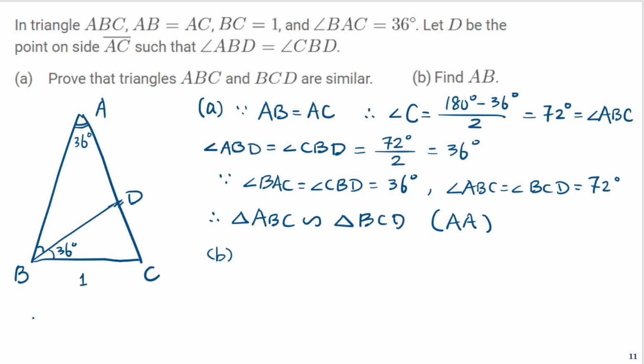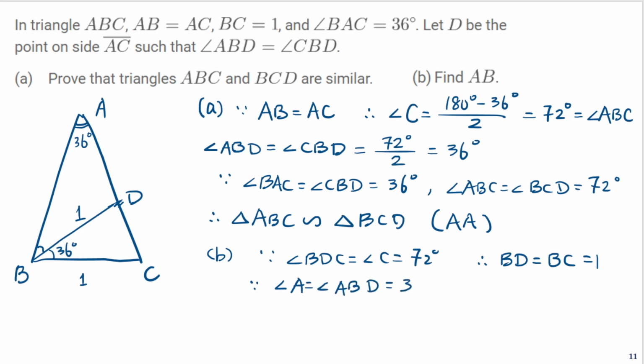Next, find AB. If you have a pair of similar triangles, probably we'll use proportional sides to find the length of AB, right? So because angle BDC equals angle C, which is 72 degrees, therefore we know BD equals BC equals 1, right? So this length is also 1. And because angle A equals angle ABD equals 36 degrees, we know AD equals BD, which is also 1 here, right?